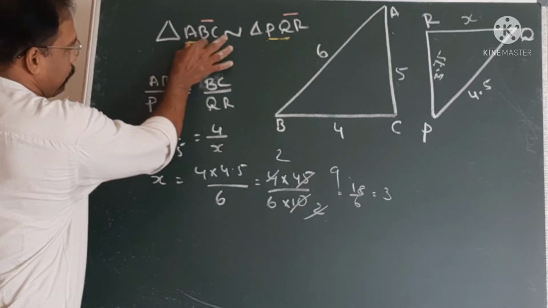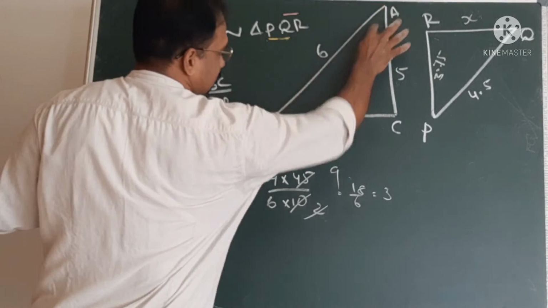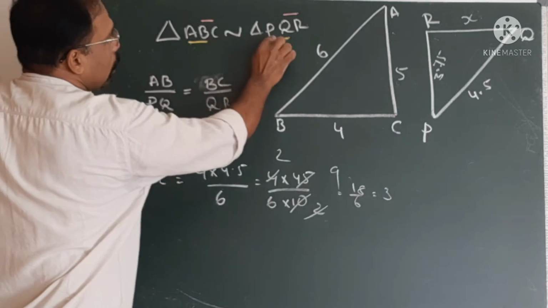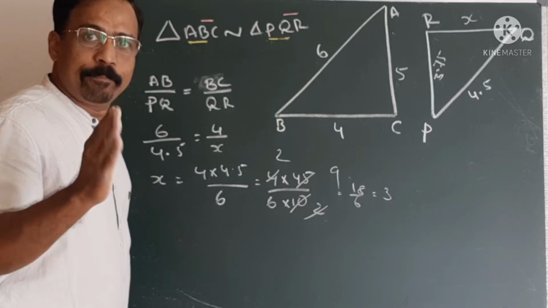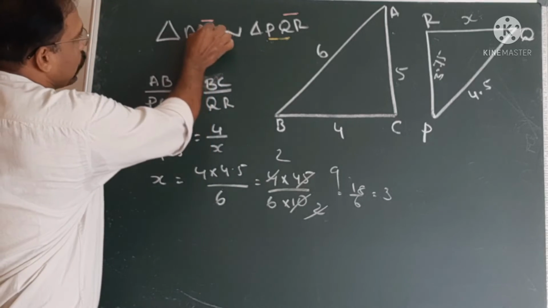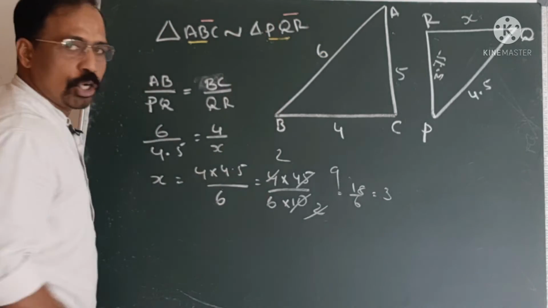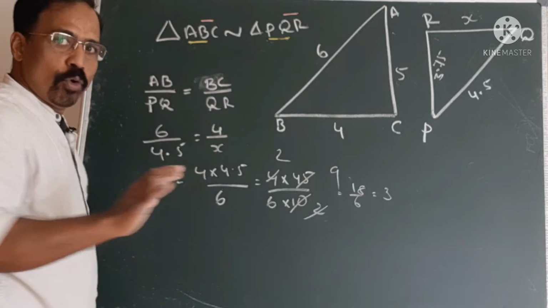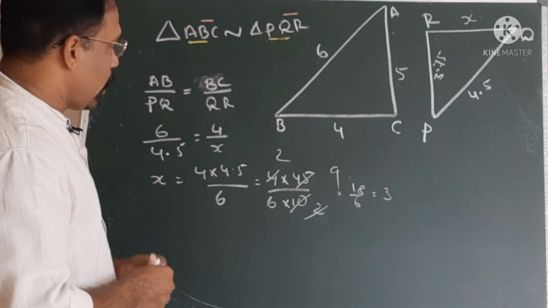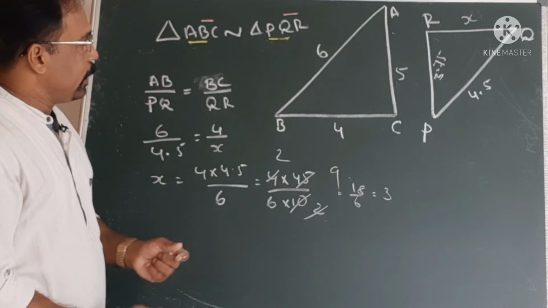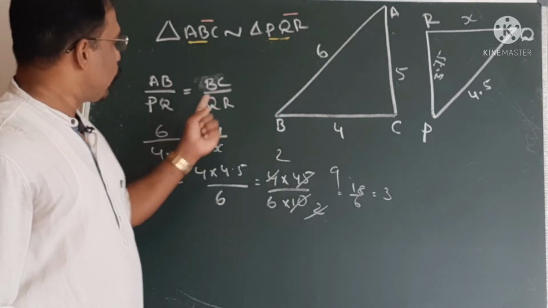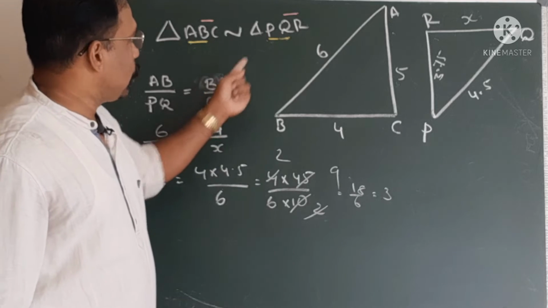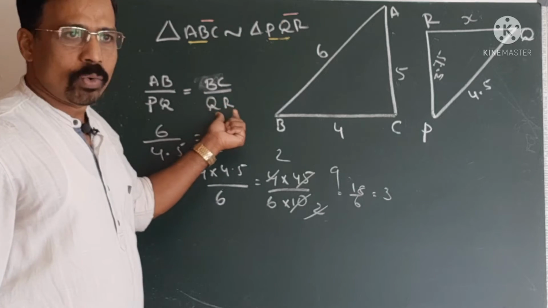That means this line AB is proportional to PQ, and BC is proportional to QR. So we have to follow the same sequence. Now you see AB by PQ is equal to BC by QR.